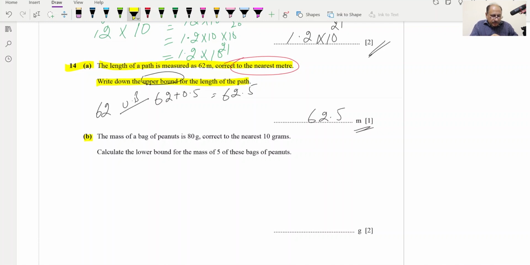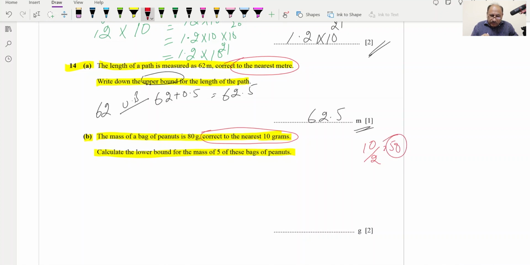And B part, the mass of a bag of peanuts is 80 grams, correct to the nearest 10 grams. Calculate the lower bound for the mass of 5 of these bags of peanuts. So this is also corrected to the nearest 10 grams. Half of 10 will be 5 grams.